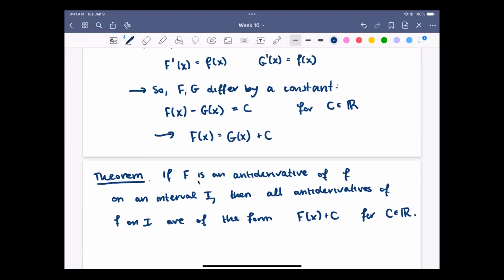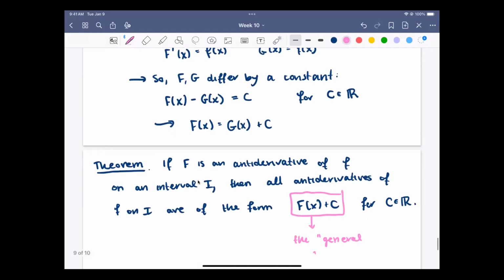So this F of x plus c is called the general antiderivative, just because it summarizes all of the possible options in one expression.